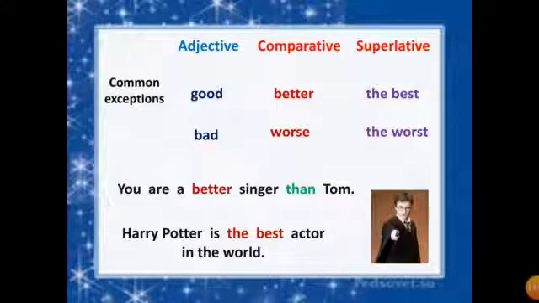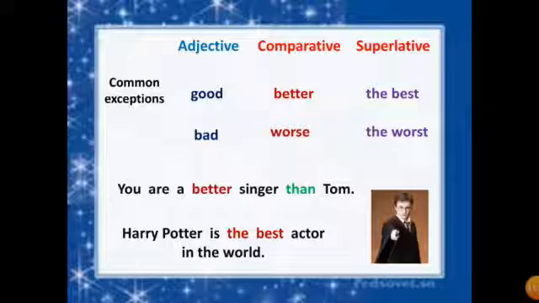And also, in adjectives there are some common exceptions. For example, good, better, the best, bad, worse, the worst, in comparative form and in superlative form. For example, you are a better singer than Tom.